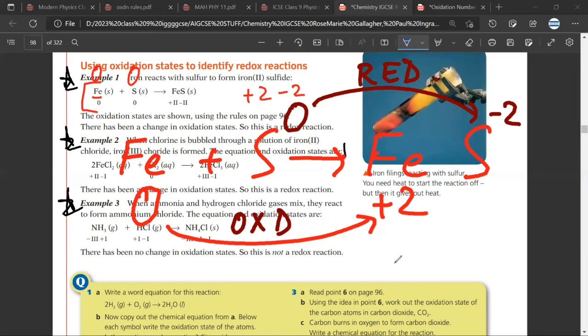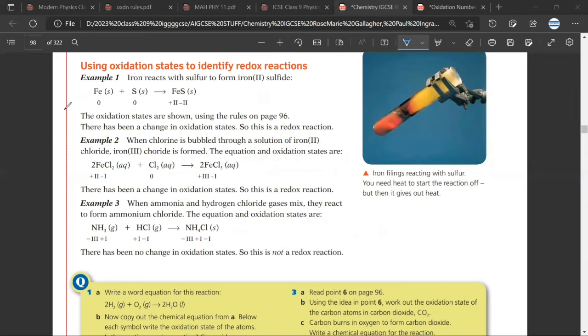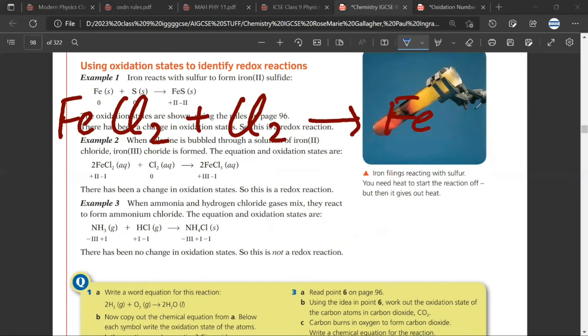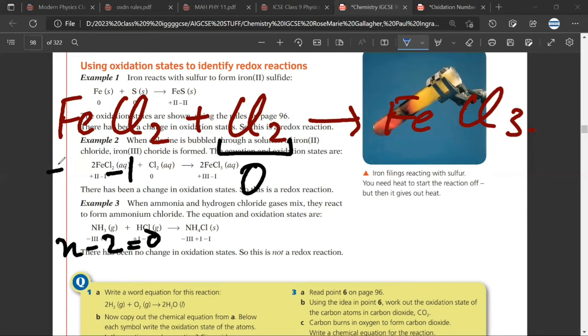See, we are trying to understand the redox reaction with the help of oxidation numbers. Have you understood what I am trying to tell you? Yes. So FeCl2 plus Cl2 gives FeCl3. I am not balancing the equation. But I know that chlorine in its uncombined state, when it is not combined to anybody else, will have an oxidation number of 0. Here it is combined with iron, so it has to take -1, and x minus 2 is equal to 0, therefore x would be +2.